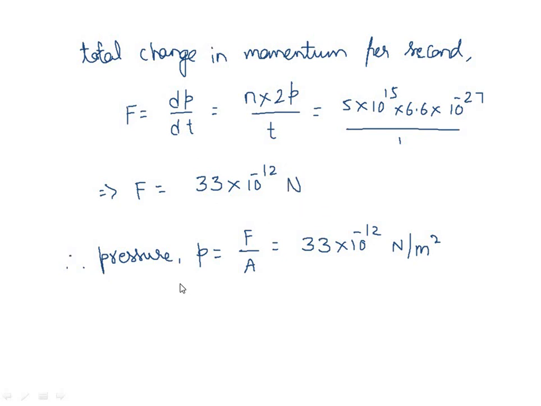And the pressure, that's what we have to calculate here. Given that the cross sectional area is 1 millimeter square, upon substitution of all that we get 33 into 10 power minus 12 Newton per meter square.